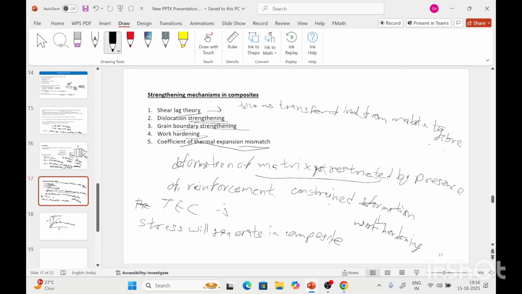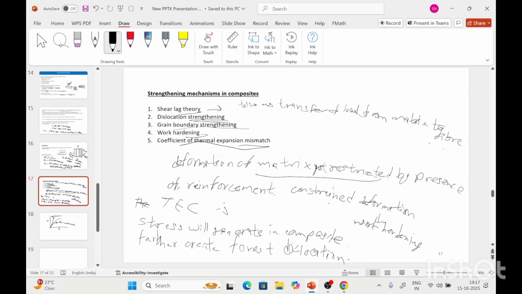These stresses resulting from the mismatch of thermal expansion coefficient will further create forest dislocations. So that will increase the dislocation density and increase the strength of the composite.